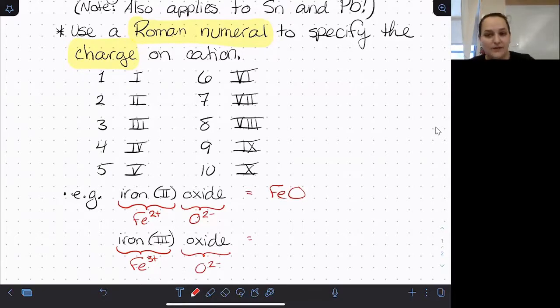So in this case, our charges don't add to 0 as is, so we're going to have to adjust some subscripts to make it so that we have an equal number of positive and negative charges. And the simplest way we can do that is to have 2 of our iron and 3 of our oxygen. So we end up with 2 times +3 is +6, and then 3 times -2 is -6. So those balance each other out.